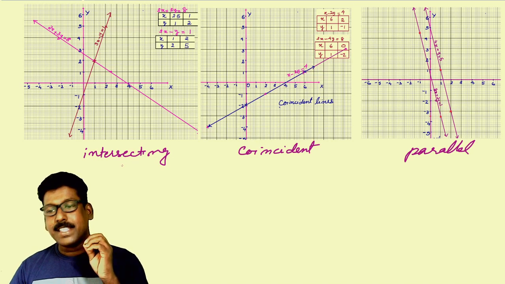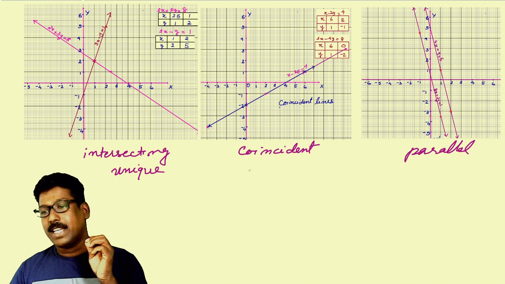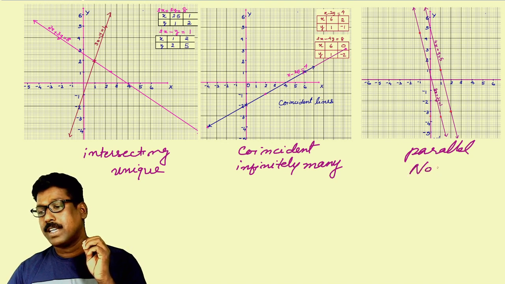Now, for intersecting lines, you can say only one solution, or you can say unique solution. For coincident lines, you can say infinitely many solutions. And for parallel lines, you can say no solution.